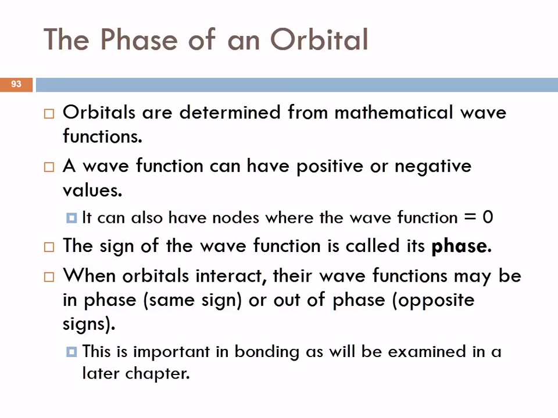And orbitals, being wave functions, can interact like waves do, and they can interfere constructively or destructively. If the waves are in phase, they will interfere constructively, and if they're out of phase, they'll interfere destructively. And that's going to become important when we talk about bonding later on in the chapter.